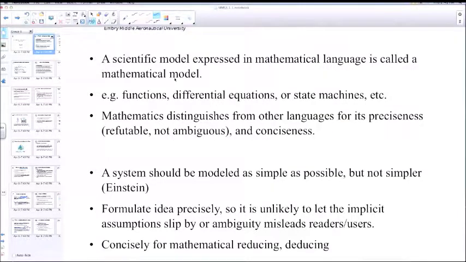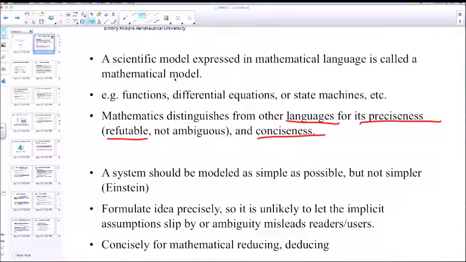So what is the difference between a mathematics model and mathematics as a language? Well, it distinguishes itself from natural language by its accuracy, preciseness, and conciseness. The preciseness requires this language be refutable.